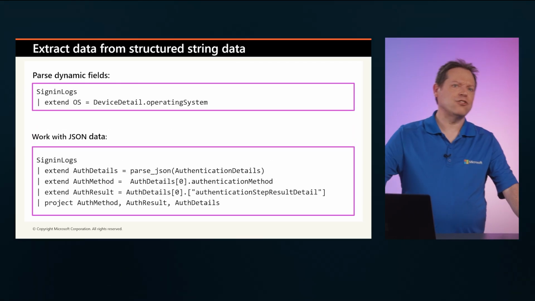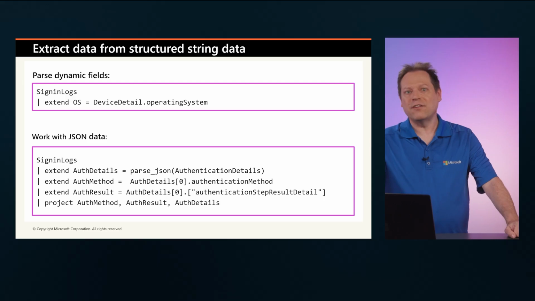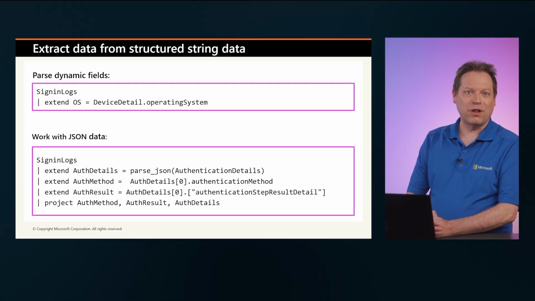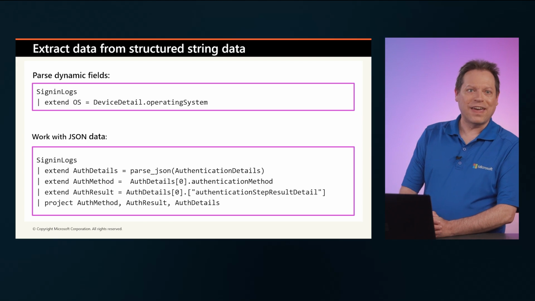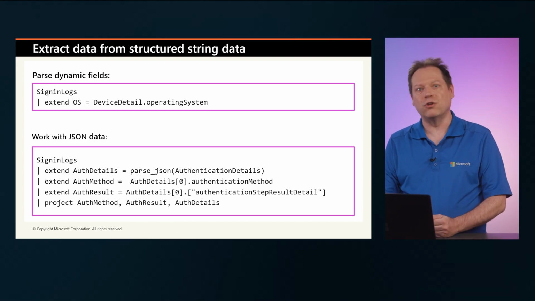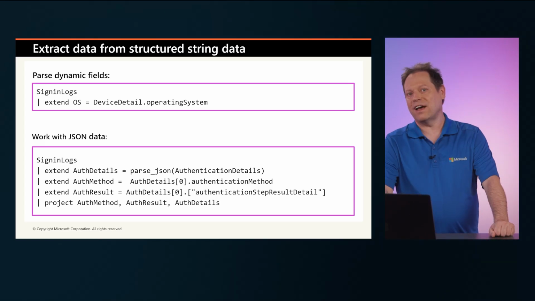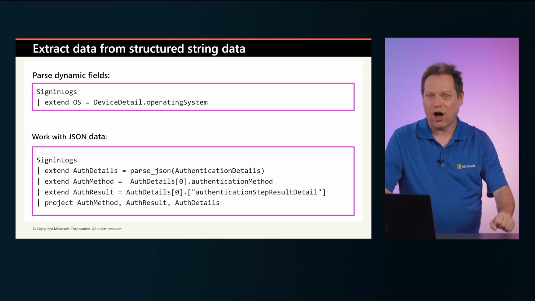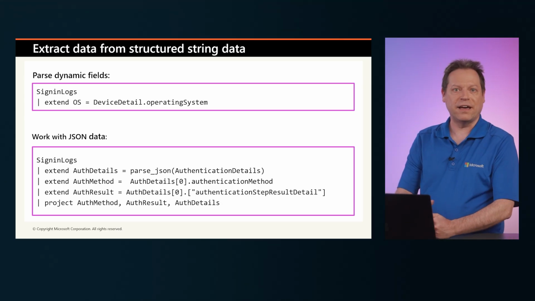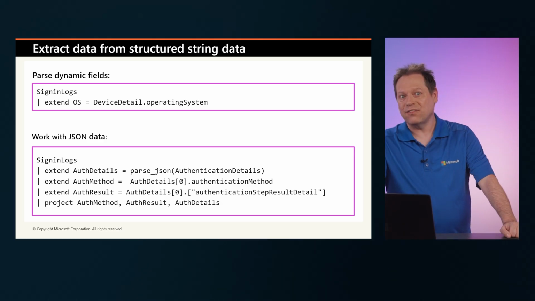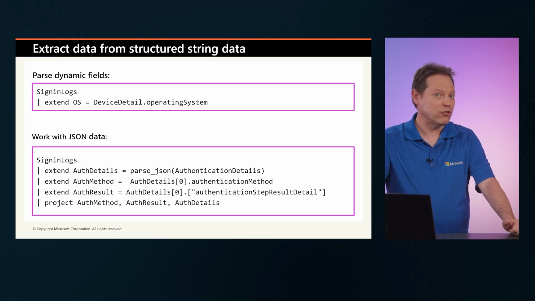Now let's take a look at structured string data, especially dynamic fields and JSON. In sign-in logs, some properties are already available as dynamic objects, so you can extend fields directly. For example, you can extend a new column OS from the DeviceDetail column, DeviceDetail.operatingSystem, to quickly analyze sign-ins by operating system. When JSON is stored as a string, you can convert it into a dynamic object using parse_json.